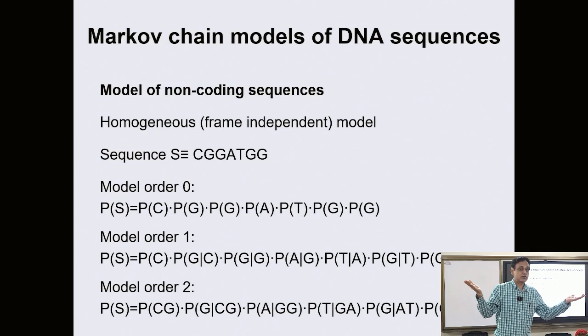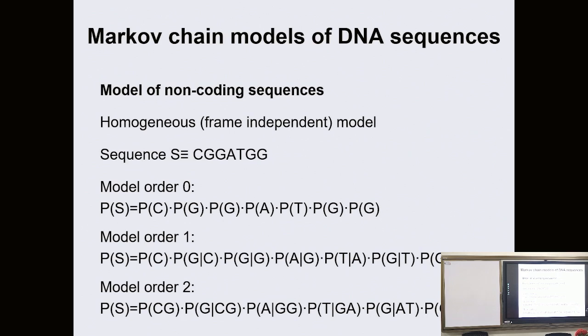Of course, non-coding sequences do not code for proteins, so you can ignore the positions, and what you can do is make a homogeneous Markov chain model of non-coding sequences. Homogeneous means not considering the positions. Homogeneous with respect to the positions. So a homogeneous Markov chain model of non-coding sequences, frame independent or codon position independent.